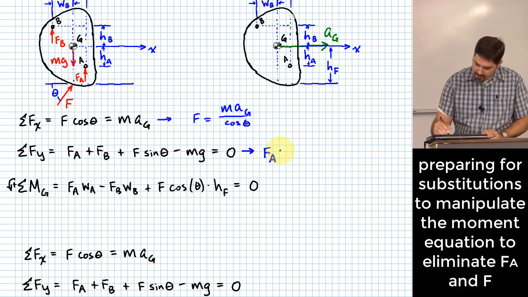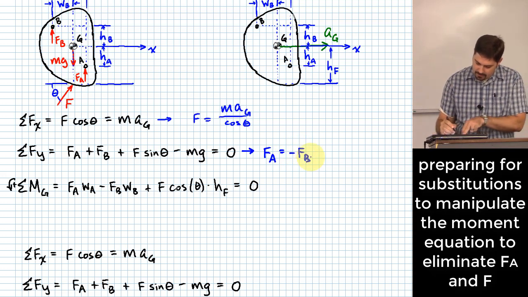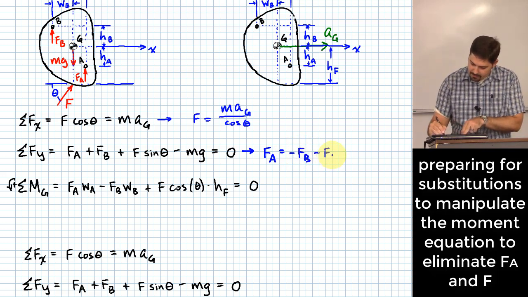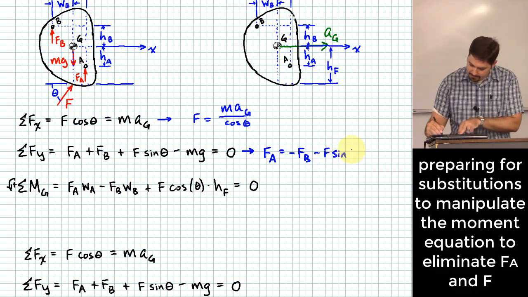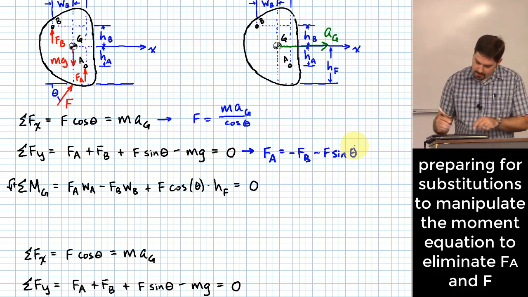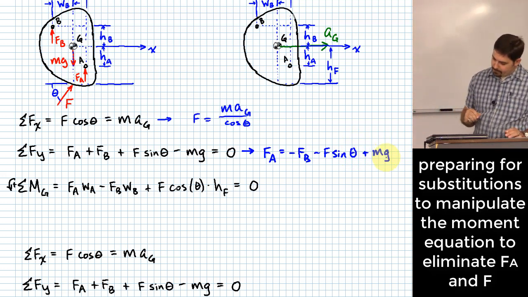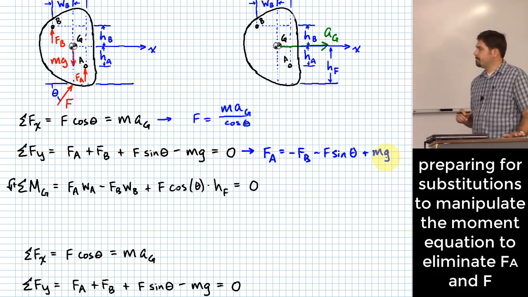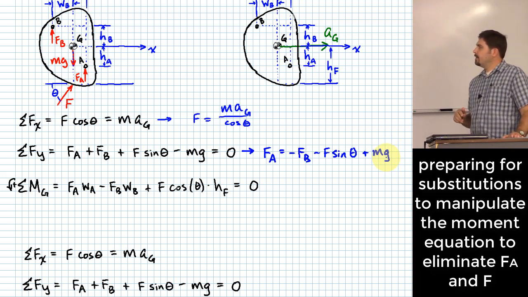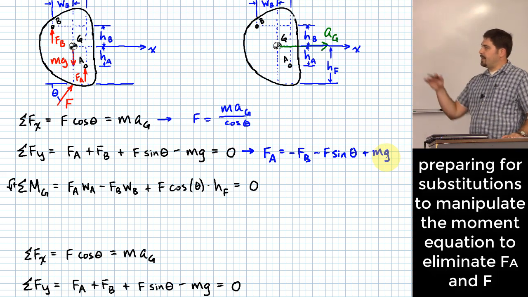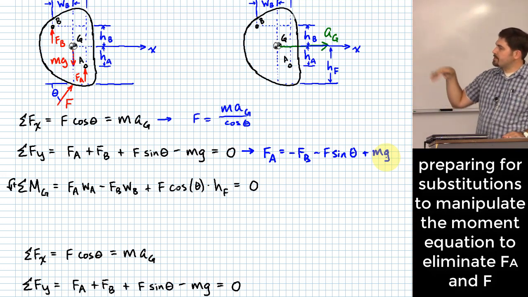I have FA is going to be equal to minus FB, minus F times the sine of theta plus mg. Like this. All right. And what I'm going to do now is go in here and start replacing some things.